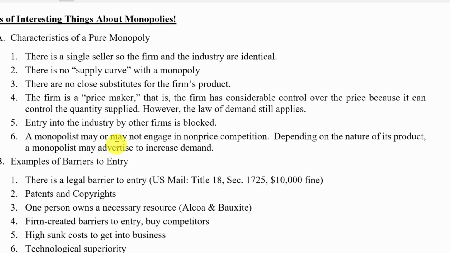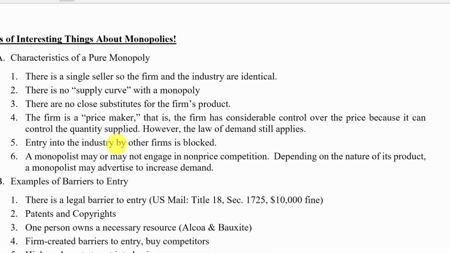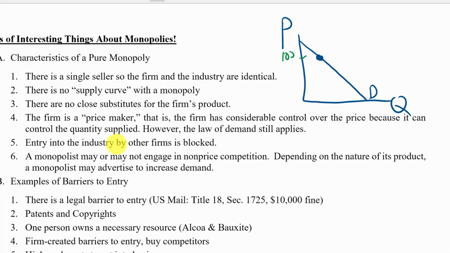So just to jot down a quick example here, if you're a monopolist, price, quantity, suppose this is your demand curve, and you might find that this is the best price quantity combination for you. I don't know, it might be $100 and 200 units.